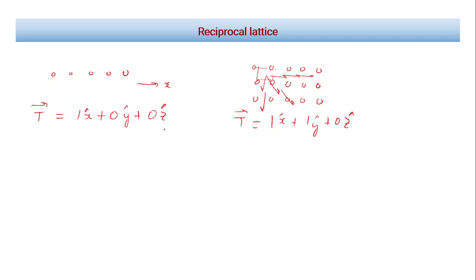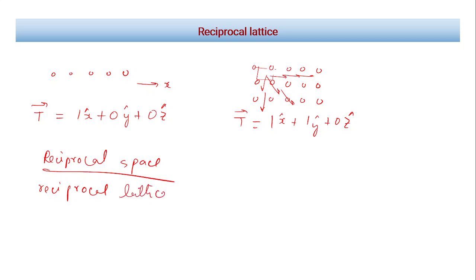Now we have something similar in reciprocal space also. Reciprocal space also has something similar that we call the reciprocal lattice vector, and we usually denote it with this expression.